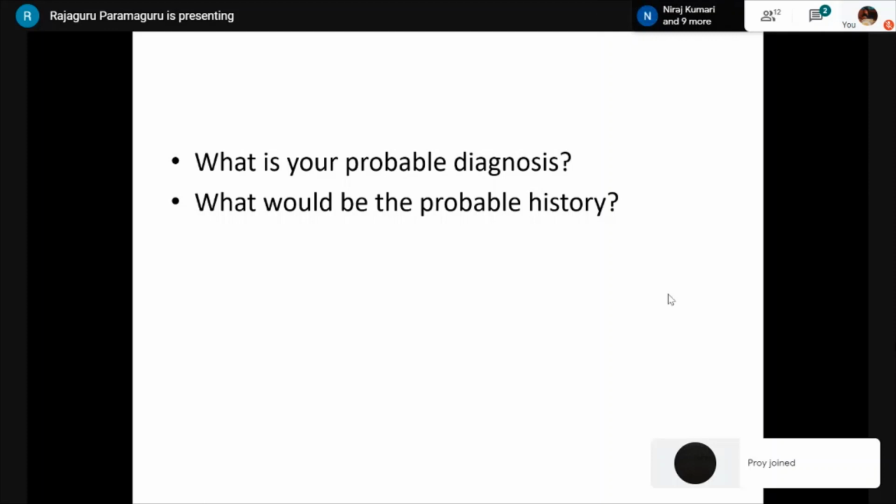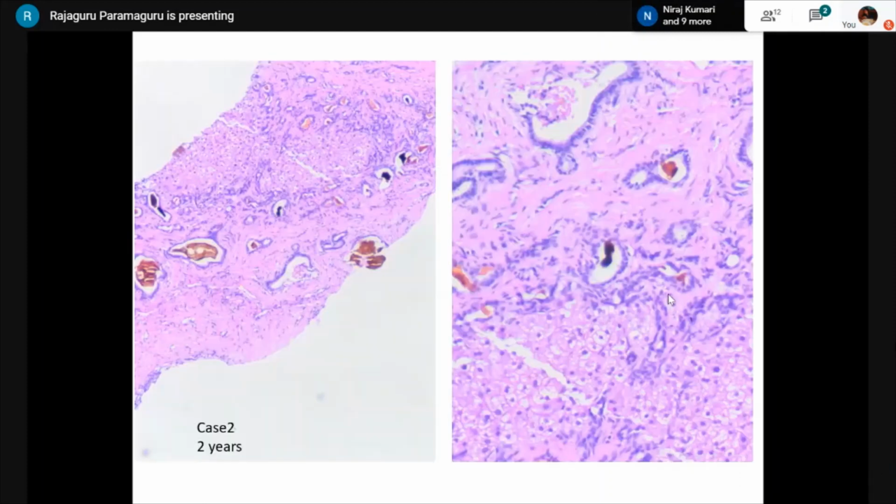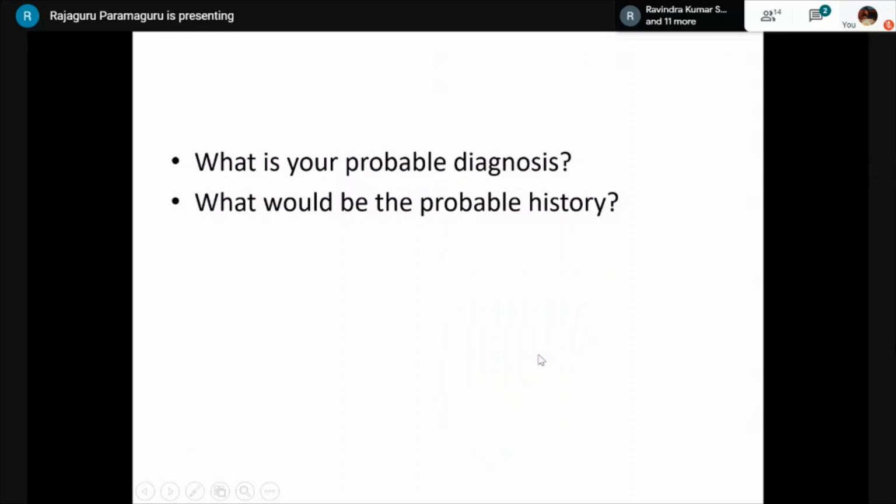Okay, so there is a next image. There is another case. This is a 2-year-old child, and here again you see a lot of cholestasis within the ducts, and see these anastomosing duct-like structures in a chained fashion. Compare these hepatocytes with those in the previous image.